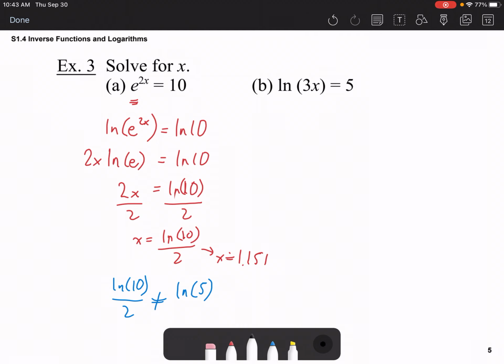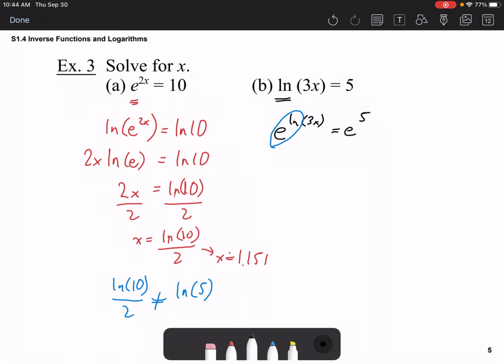Okay, so we're going to do something similar to this other one. In order to get rid of a natural logarithm, what you want to do is apply its inverse to both sides. Again, a similar property allows you to cancel the e to the ln and make it just equal to 1.